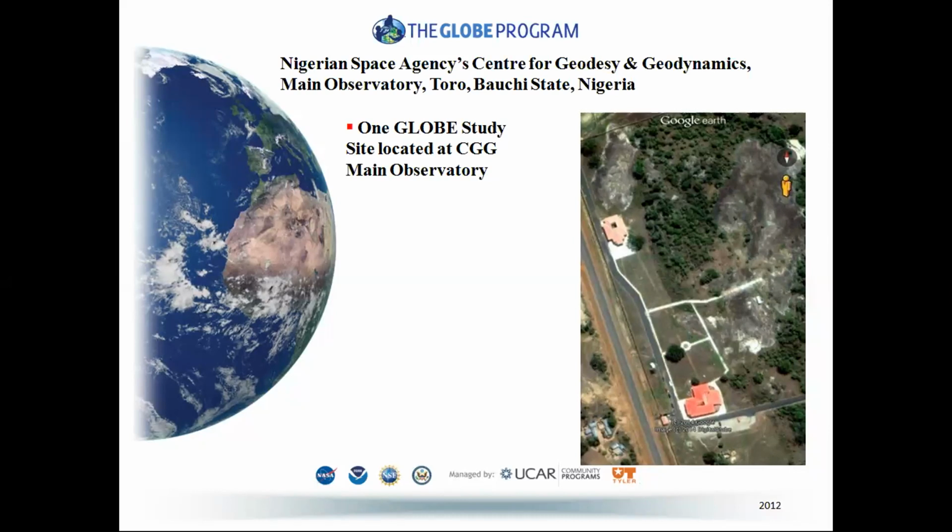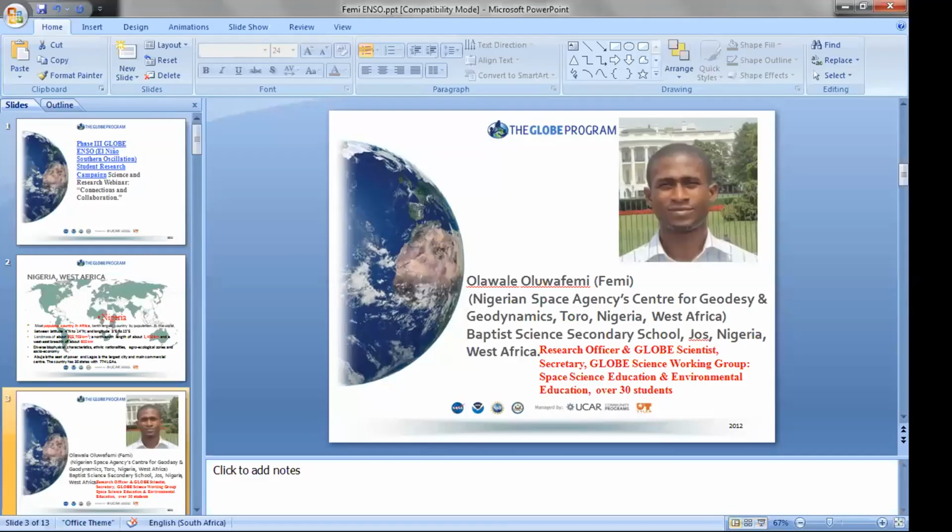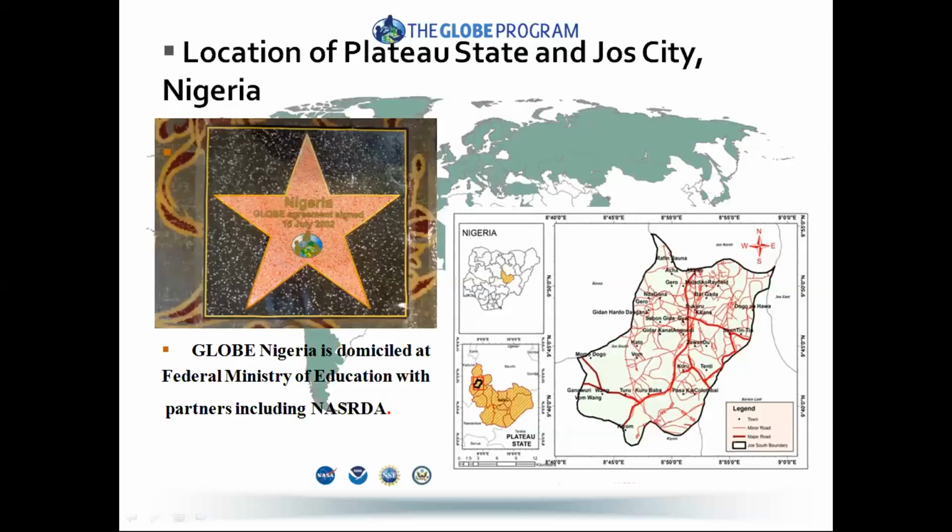So I actually work with them. We have a Globe study site where we do most of our observation. And let me quickly talk about Globe Nigeria. Globe Nigeria is domiciled at the Federal Ministry of Education in Abuja.